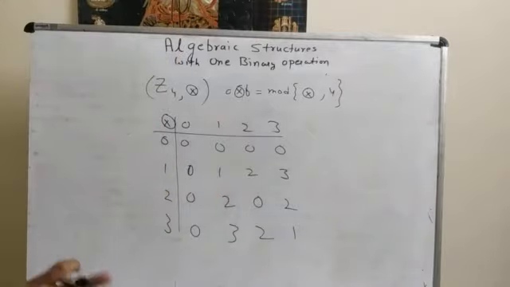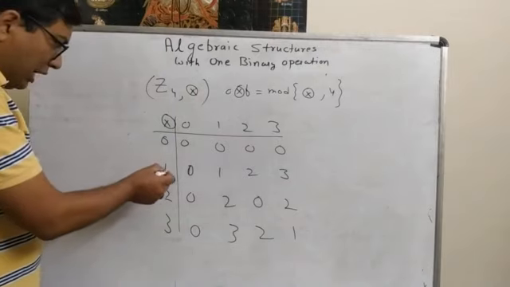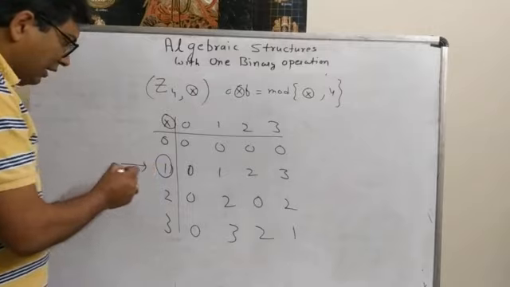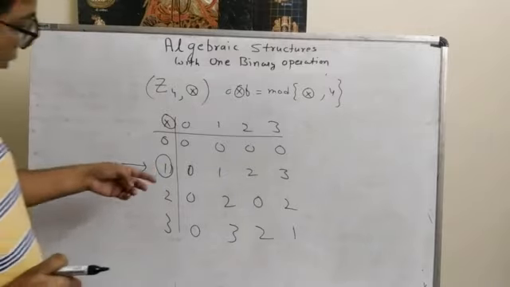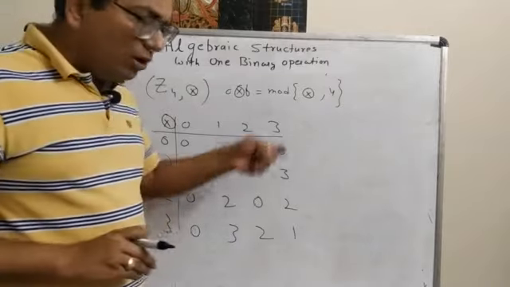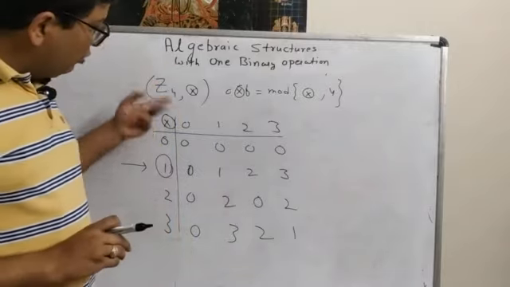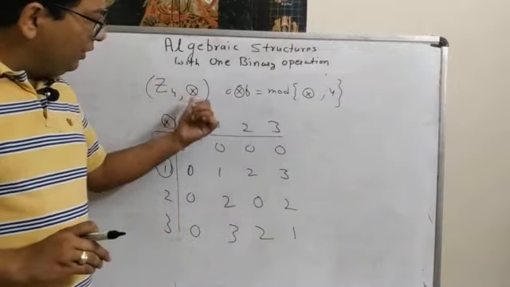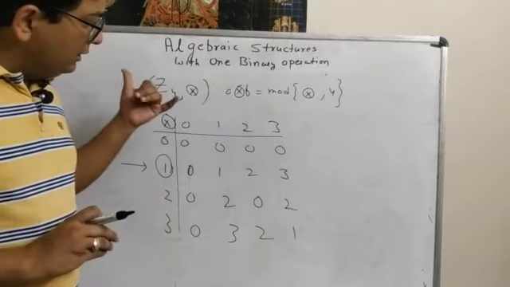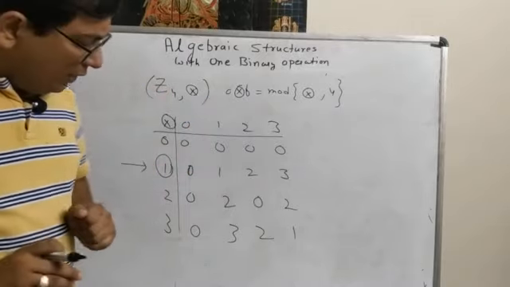So this operation is closed with respect to Z4. Second, here also the identity element exists. That identity element is 1, because this second row is identical with the header row, and associativity we can also check. So one thing is clear: Z4 with multiplication is a semigroup as well as a monoid.